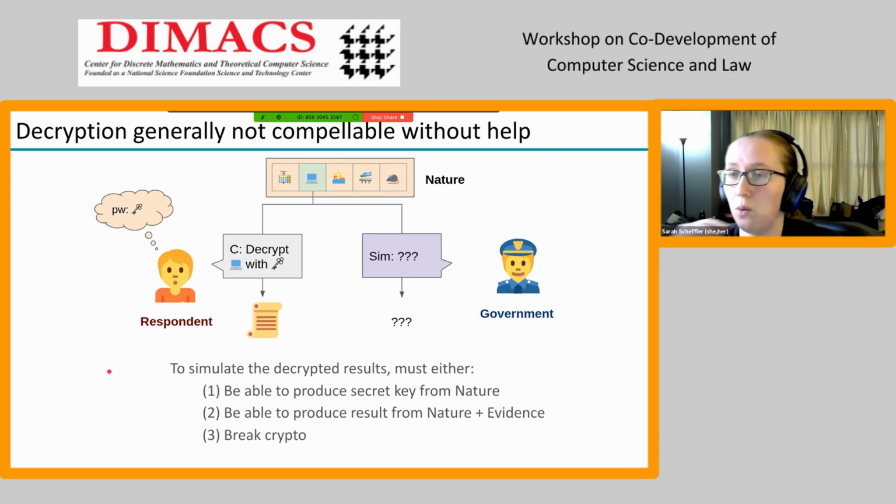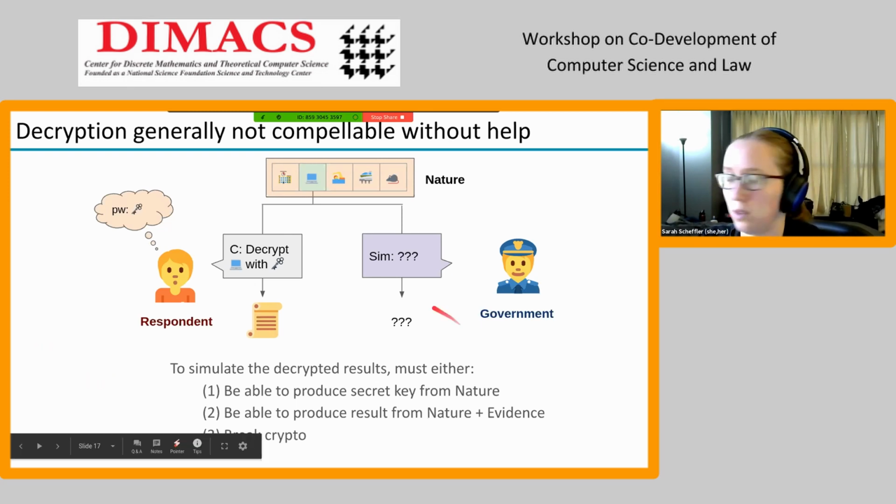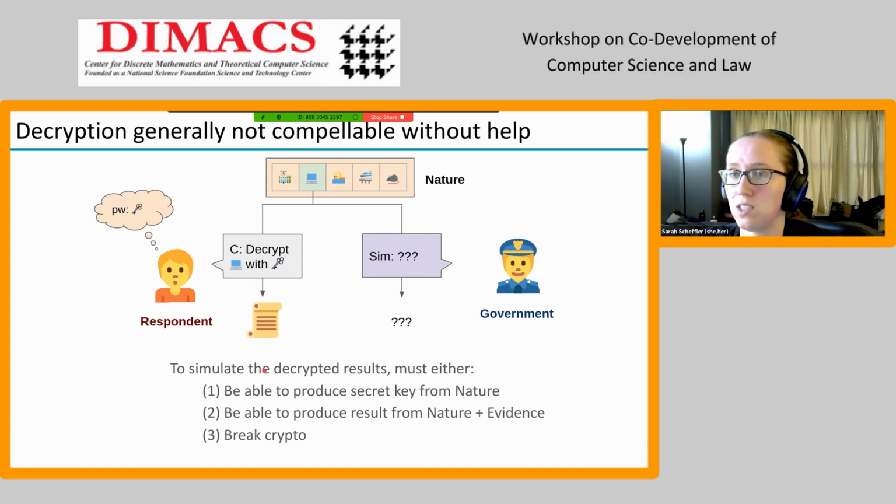And I'll talk more about why this might be in a second. One category where the result could have actually been produced only using information in nature and evidence. And so you didn't actually need the password in order to describe it, even if the non-password way of getting it was really annoying. And then third, like most crypto reductions, the third option is that if the simulator can reliably reproduce a matching result, then the government might just be able to break crypto.